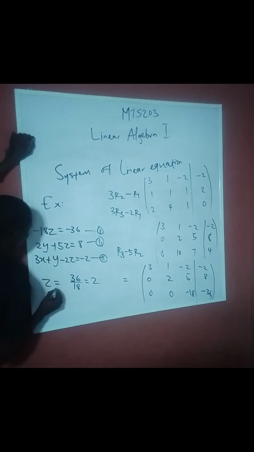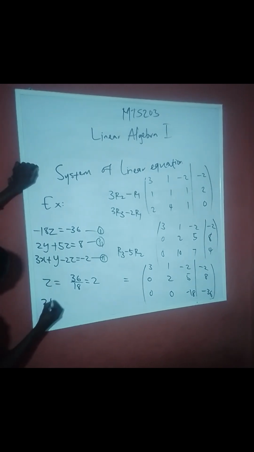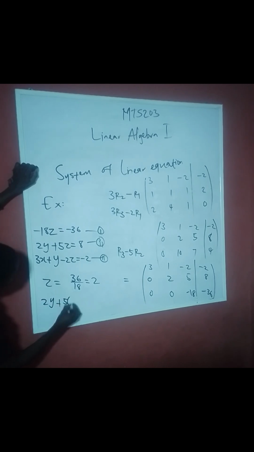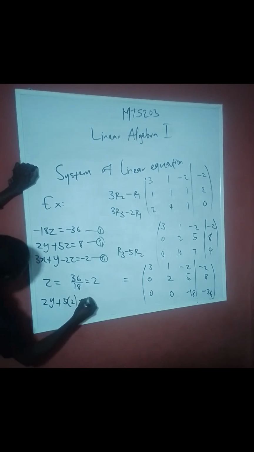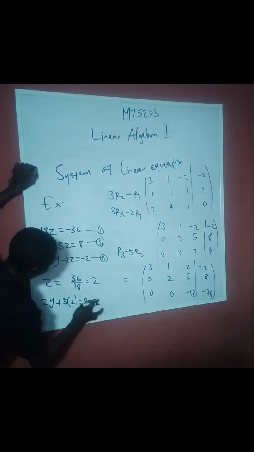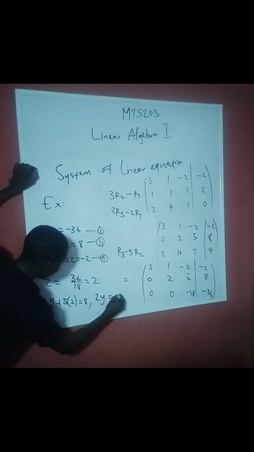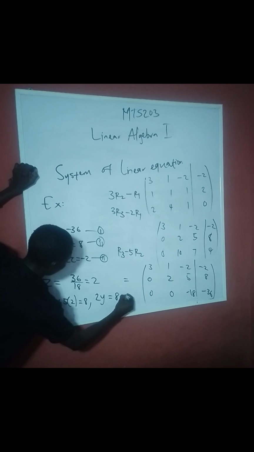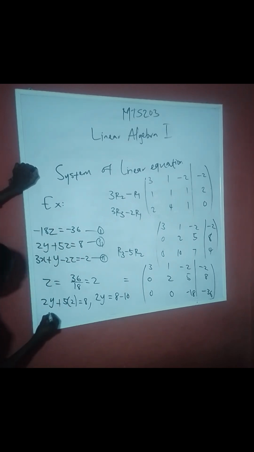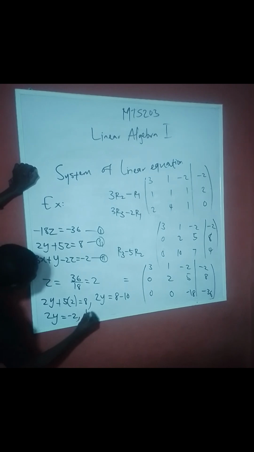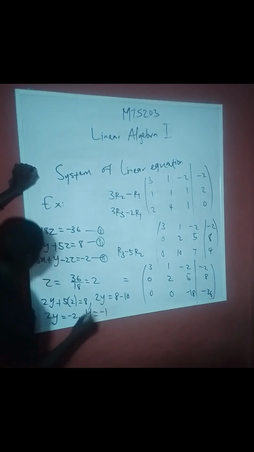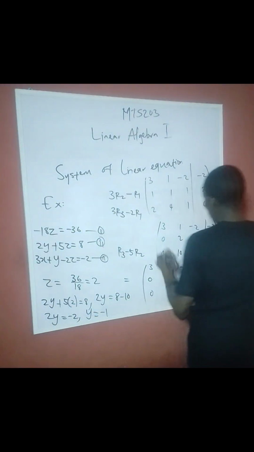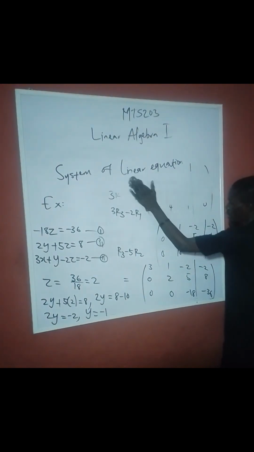So my y will be 2y plus 5 times 2 equals 8. That will be 2y equals 8 minus 10. So I have 2y equals minus 2, y equals minus 1. Take note, y equals minus 1 and z equals 2.